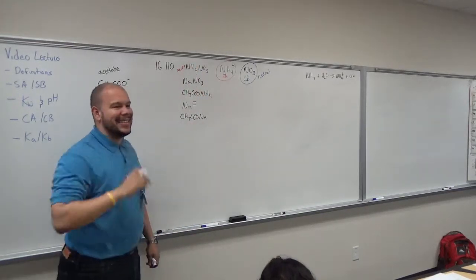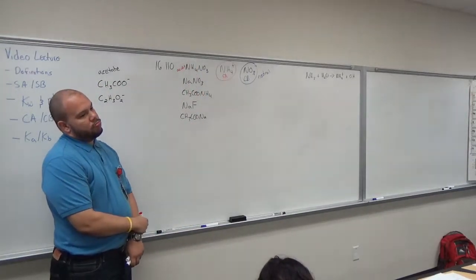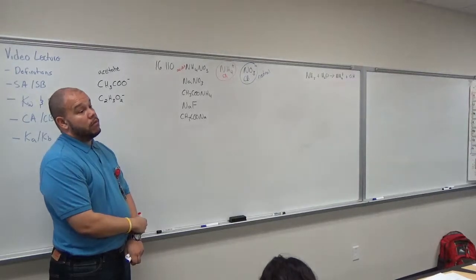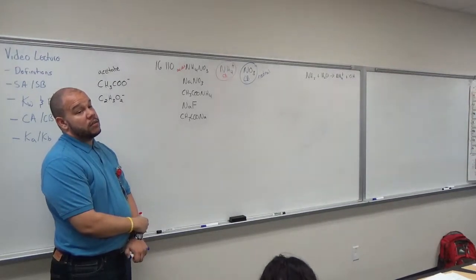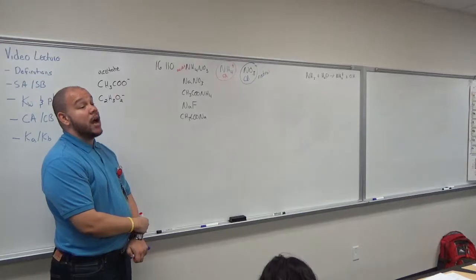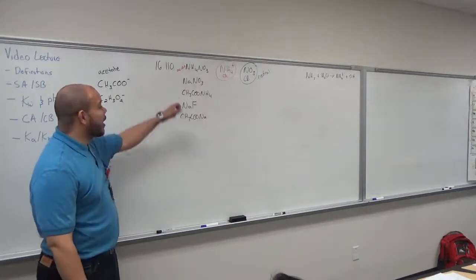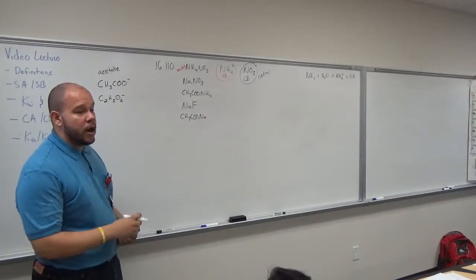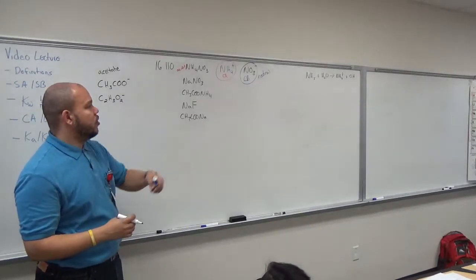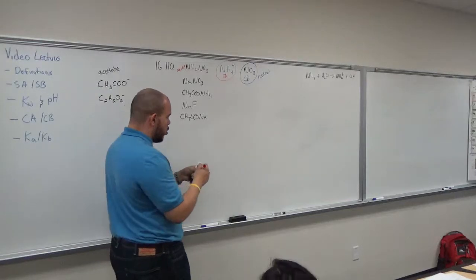And what dictates its acidity? Specifically, the Ka of NH4 is how we're going to be able to rank this. Just looking at it doesn't tell us. We need to know the numerical values, and those come from the reference materials. Okay, let's take a look at sodium nitrate.